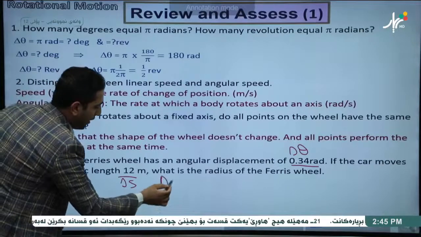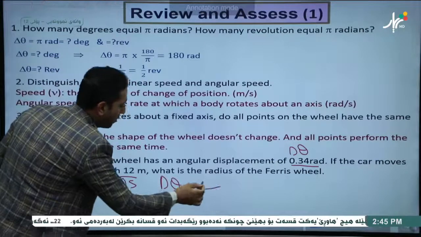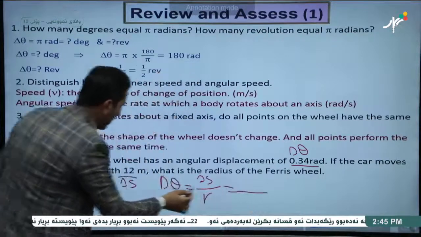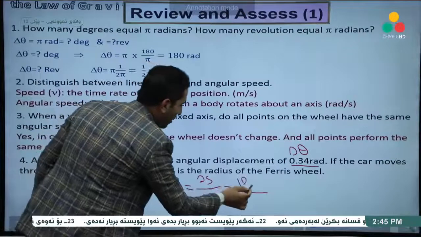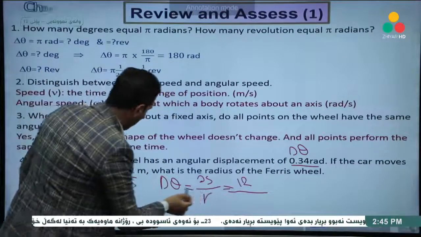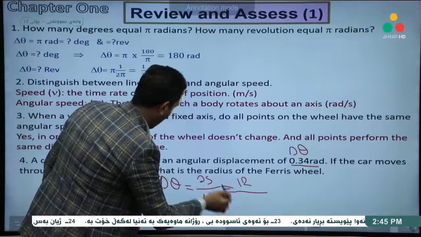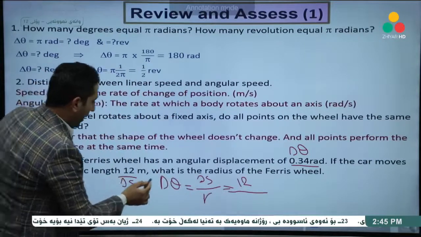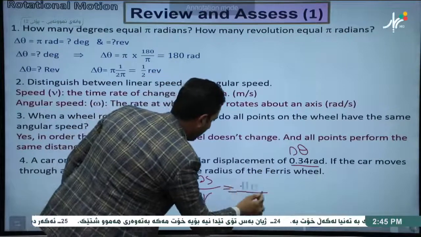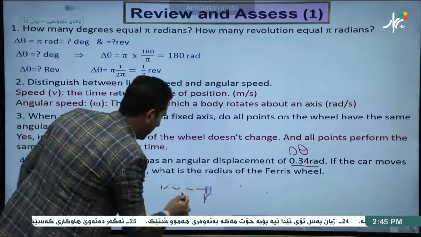We say delta theta is equal to delta S over R. Delta S is 12, and we need to find the radius.